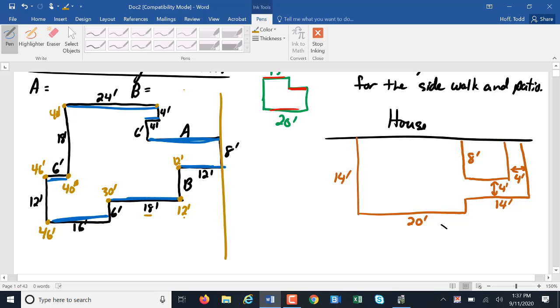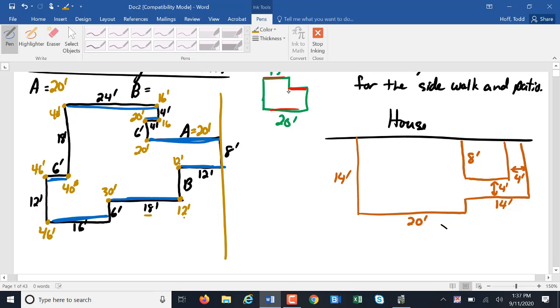You've got the right idea. There it is, 16. 40 minus 24 gives us 16. So of course that's still 16. How about this one? 20. 16 plus 4 is 20. So A covers that whole distance. A has to be 20 feet.